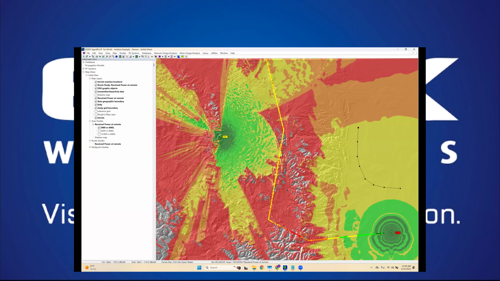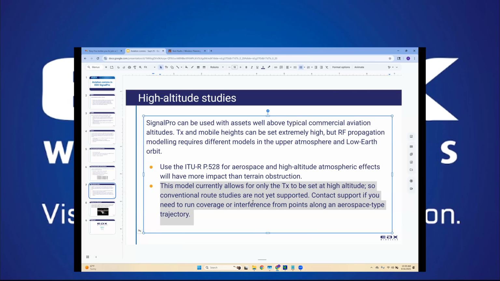That's the one limitation on our really high altitude communications right now: because of the way the published model is written, we're required to treat the transmitter as the thing that's up in the air.